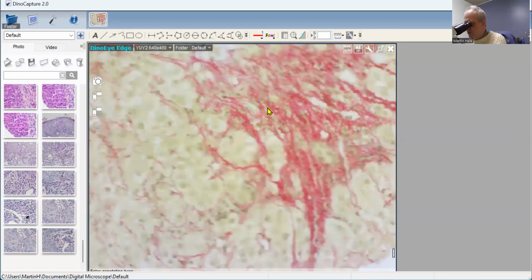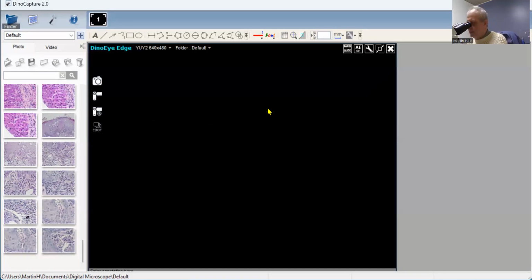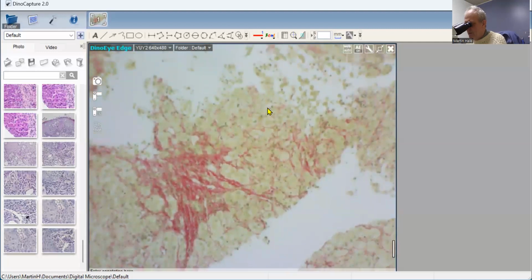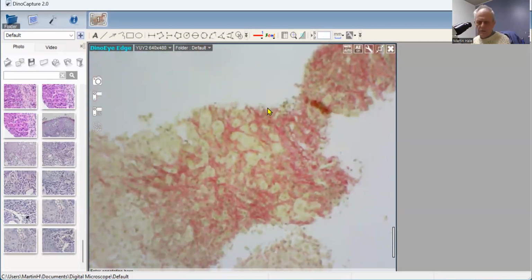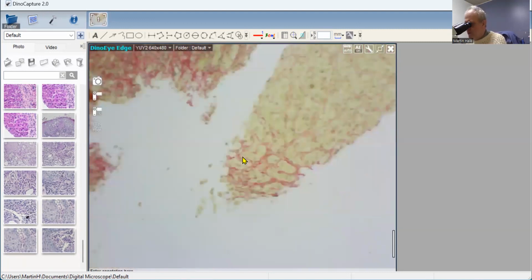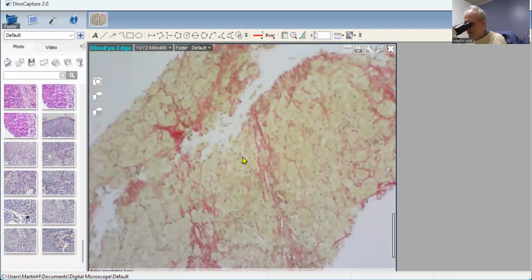You've got sinusoidal fibrosis, which is extending into zone 1. And in this area here, we're starting to see a little bit more diffuse fibrosis, and we're starting to see a chicken wire type of appearance. Now, that's unusual for autoimmune hepatitis. That is the chicken wiring.